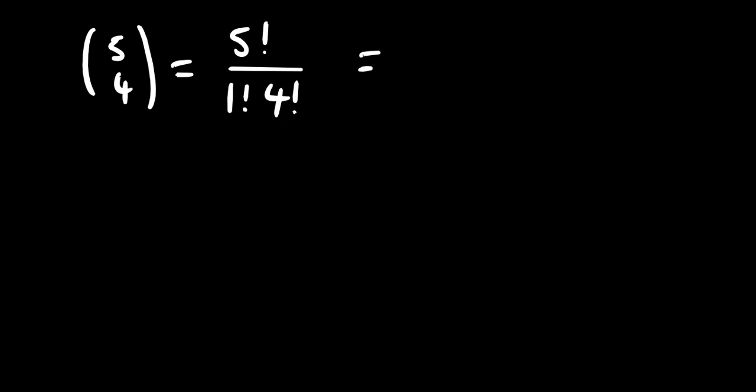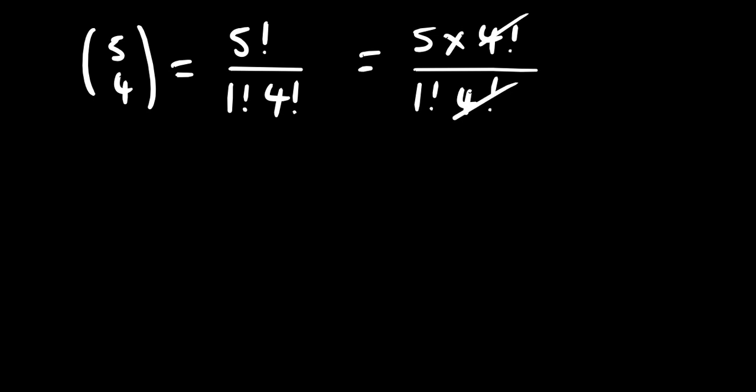So I'm going to have 5 multiplied by 4 factorial over 1 factorial 4 factorial. The 4 factorial and the 4 factorial are going to divide. 1 factorial is just 1. 5 divided by 1, that is just 5. So the last one is also giving us 5.